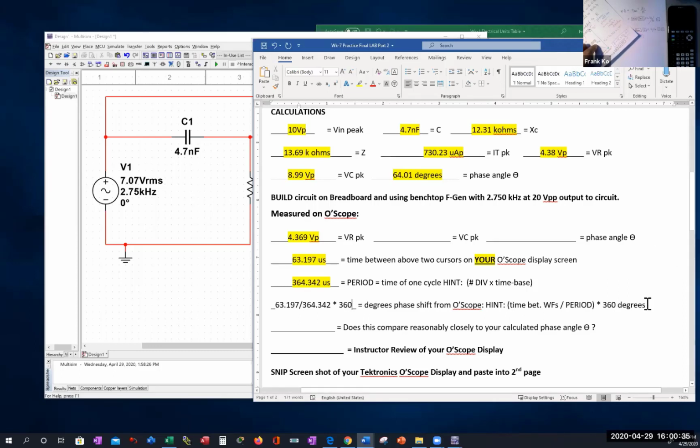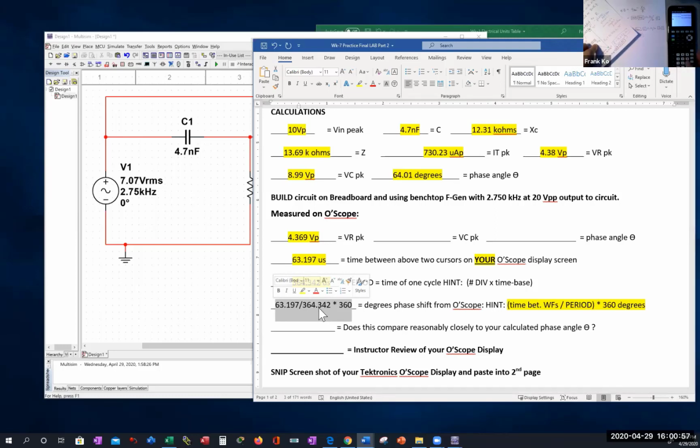So I am following this formula: the time between the waveforms divided by the period, multiplied by 360 degrees. There's nothing complicated about this math. Could you take 63.197, divide by 364.342, and then multiply by 360?